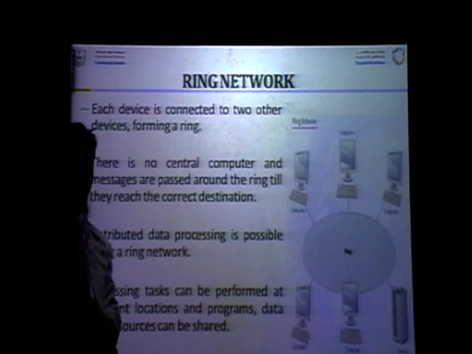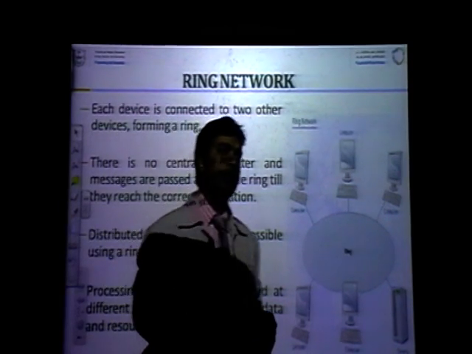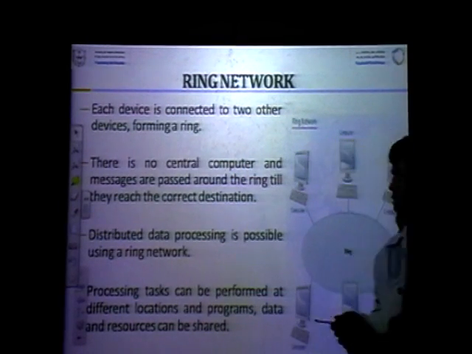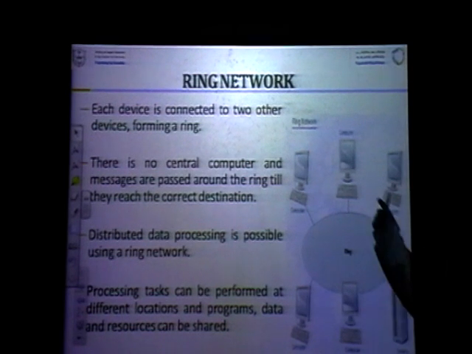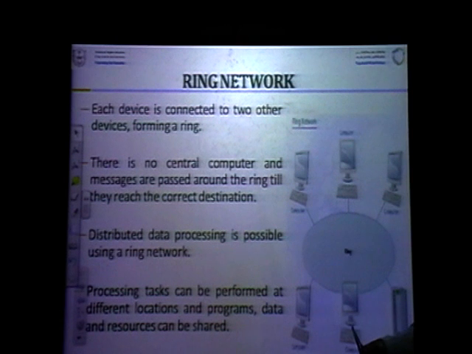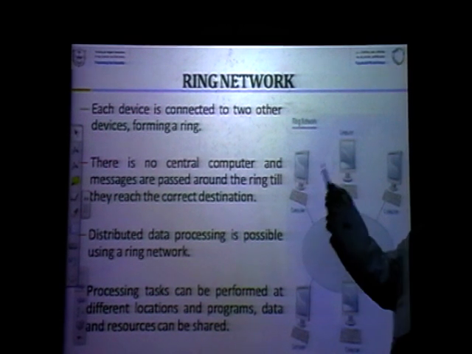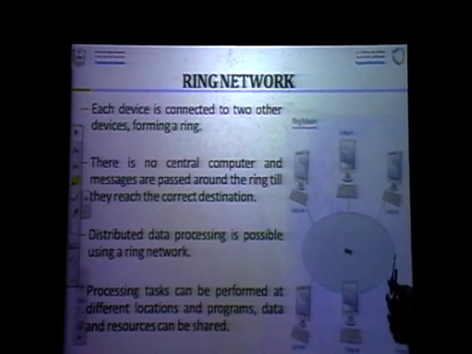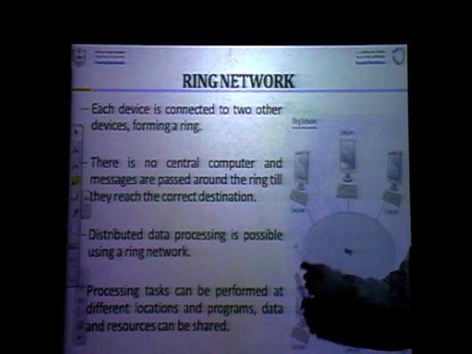Ring network. In the ring network, what happened? All computers are connected in the form of a ring. Any message sent from here to this computer will go to this computer, then here and here it will reach. Means it should move through all the computers.